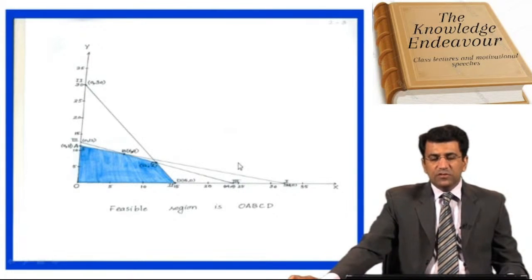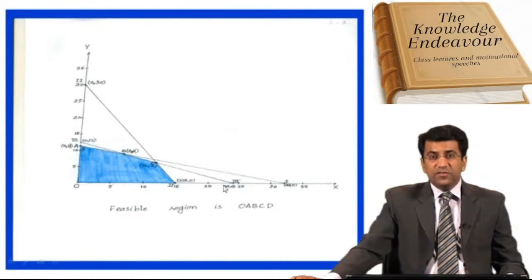Similarly, we will draw the second line, that is 15, 0 and 0, 30. So this is the second line. Similarly, this is the third constraint, the third line, and we also draw that. So we drew all three lines on this graph.